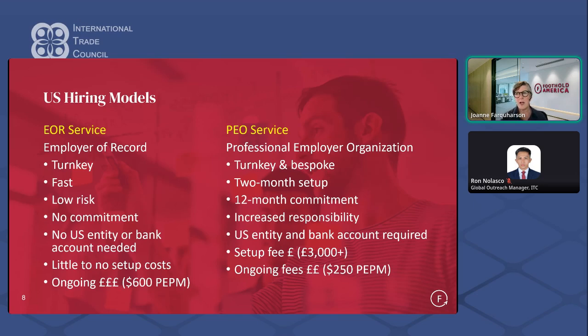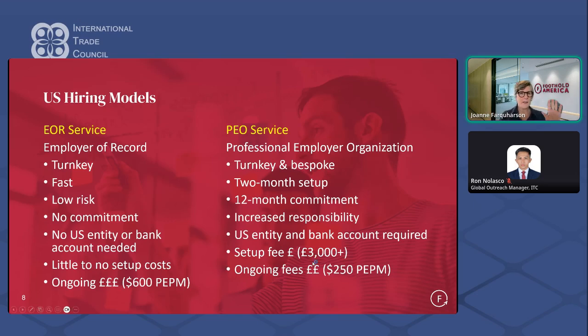But very often, EOR is a starting place, and then the progression to PEO can come next. Some companies may only ever want one employee, and I've seen this. It's just one little employee, and their business in the US grows, and they don't ever have to have more than that. They just have one employee, EOR, and then they're selling in the United States.